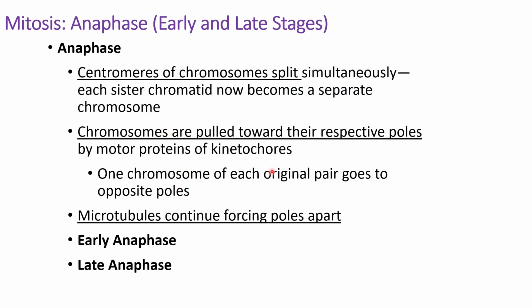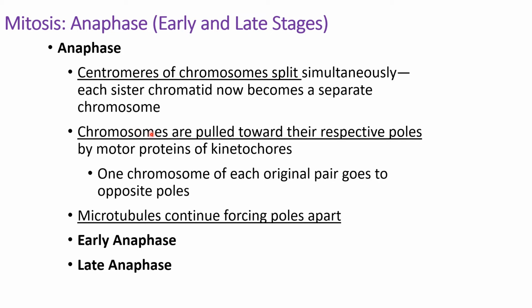Next we have anaphase. Anaphase also has an early and a late stage. So what's going on in anaphase? Well, here, the centromeres of the chromosomes will split. What's holding the chromatids together will break down.